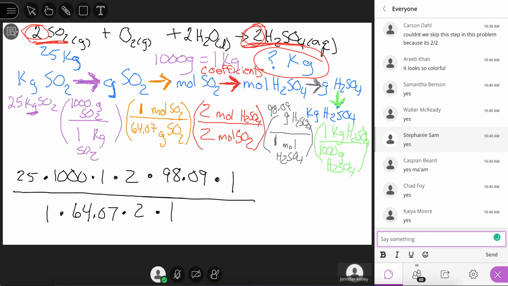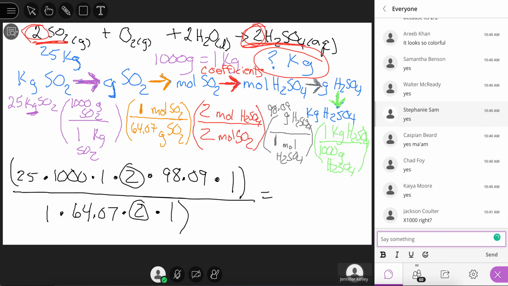Since we have a 2 on the top here and a 2 on the bottom, those really just cancel each other out. So you could leave them out, or you could put them in. In the end, you're going to get the same answer either way. And you want to have this in parentheses and that in parentheses so that they do the right thing.